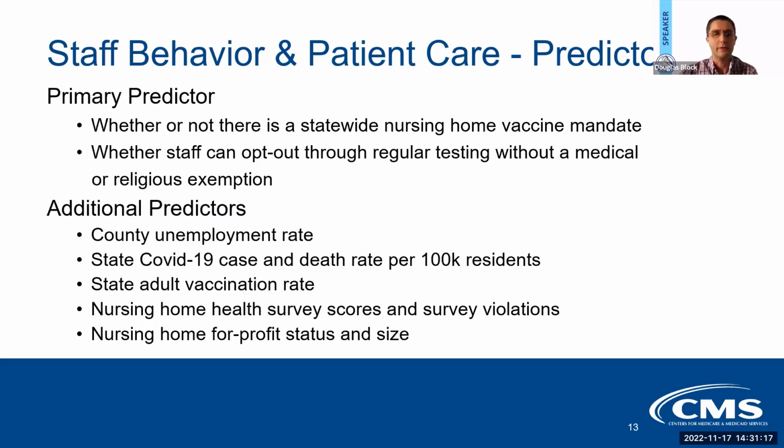We also looked at some state COVID metrics, particularly the overall case and death rate for residents. It gives us general patterns for COVID at that time, as well as the vaccination rate for adults in each state. And then we included several nursing home metrics, including their overall survey score on the health survey, the number of violations, whether they were for-profit, and their overall size, or the number of beds that the nursing homes had.